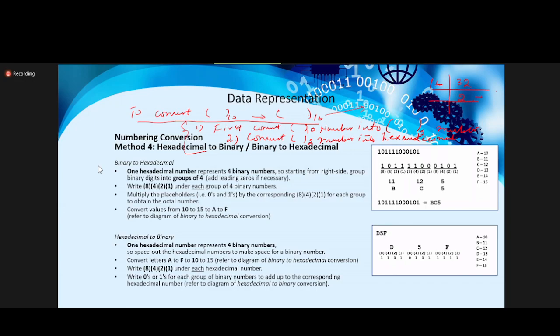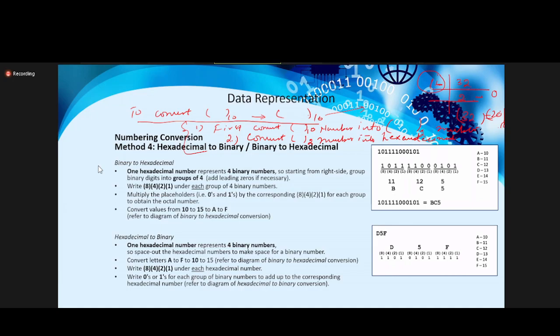What is the remainder? 0. Then 32 in decimal is equal to 20 in hexa, right? So you simply divide by 16 in order to convert that number to hexa. So that is a one-step procedure.